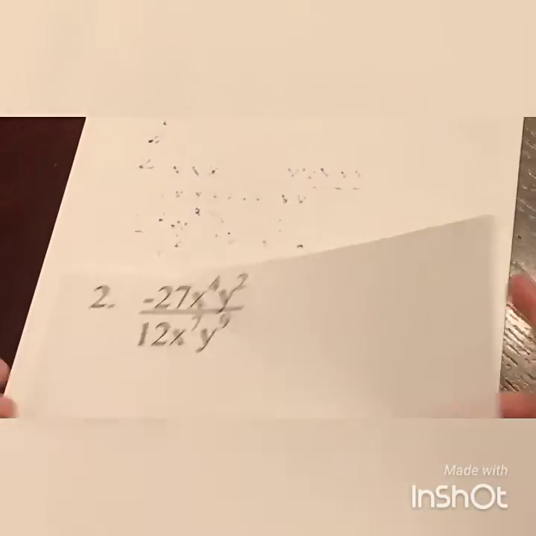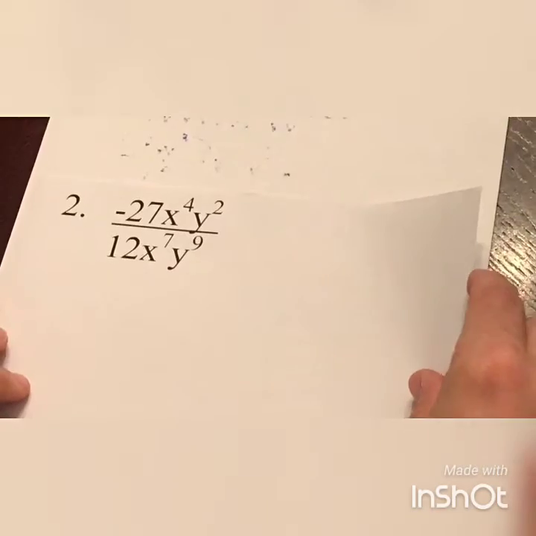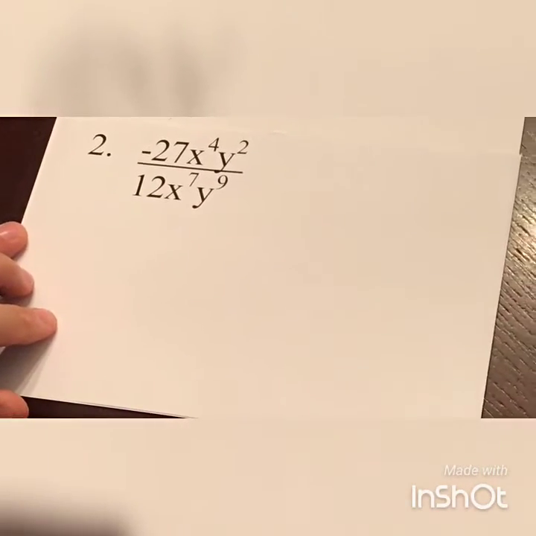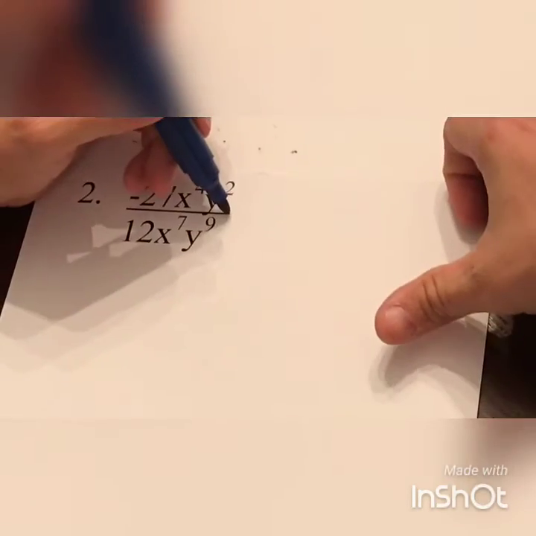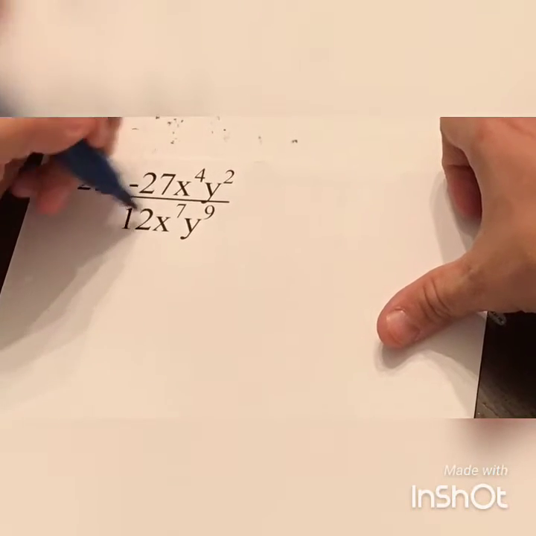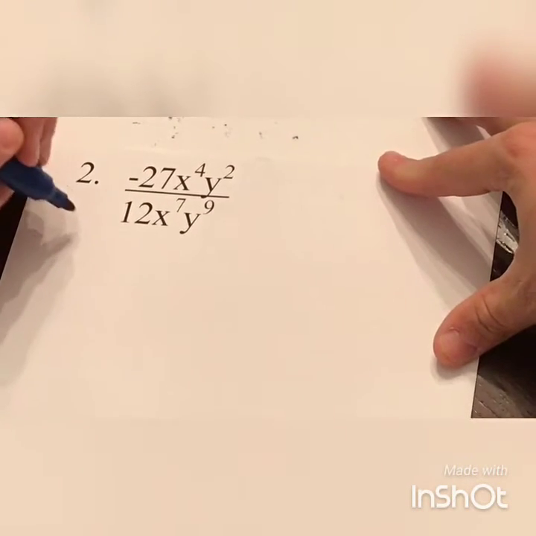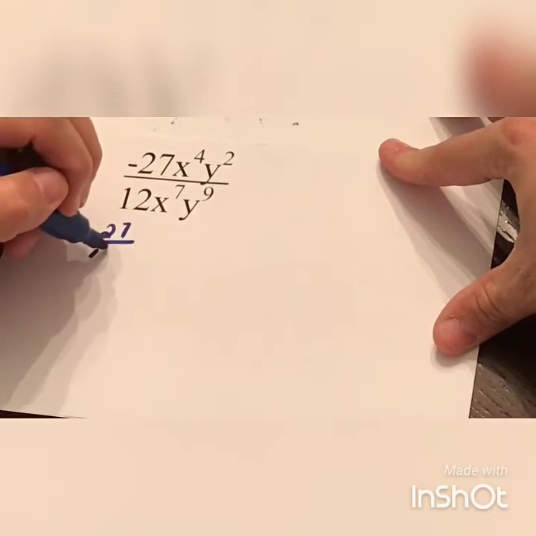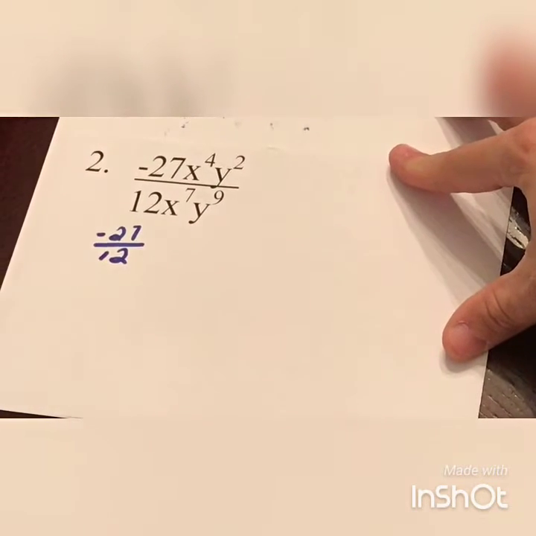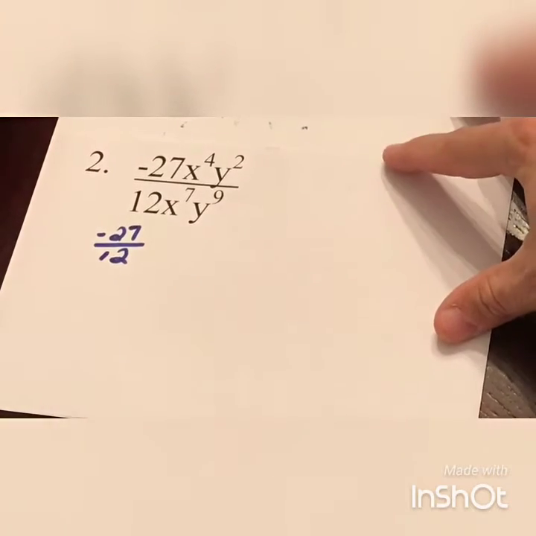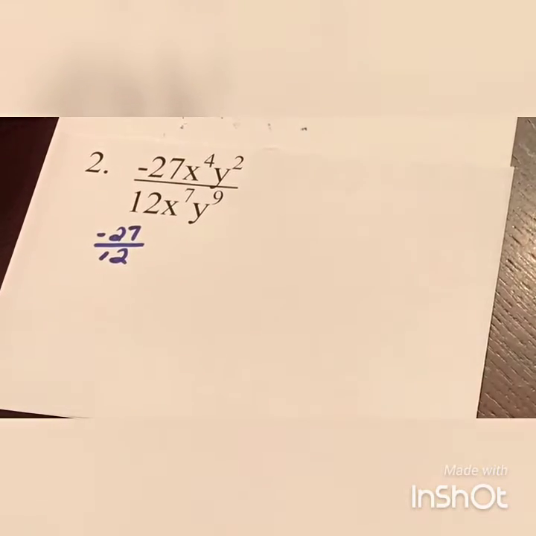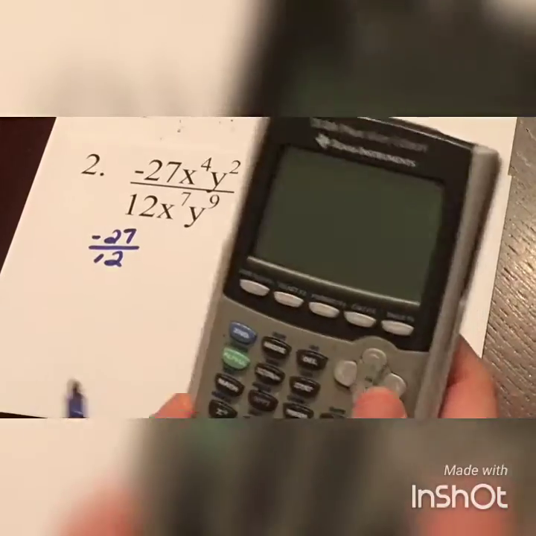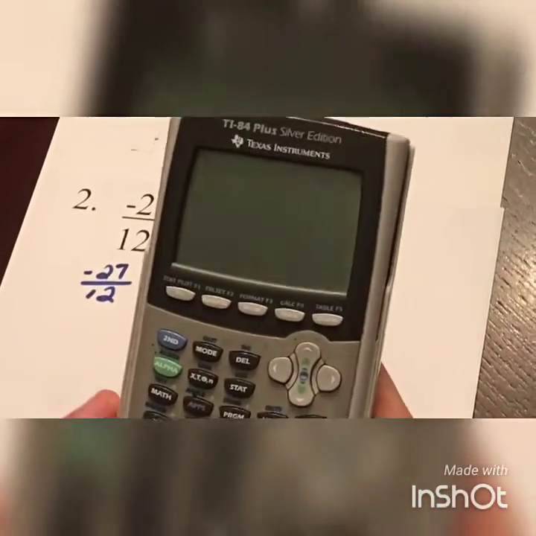Example number 2. Continuing the idea, this is a division problem, so we are going to divide the numbers in front. Negative 27 divided by 12 does not divide out perfectly. So let's remember how to reduce that on our calculator.